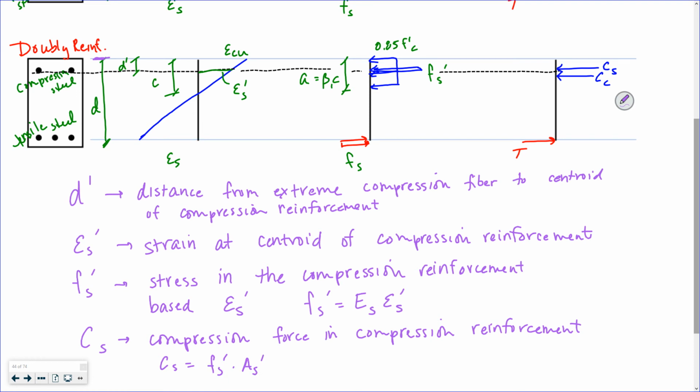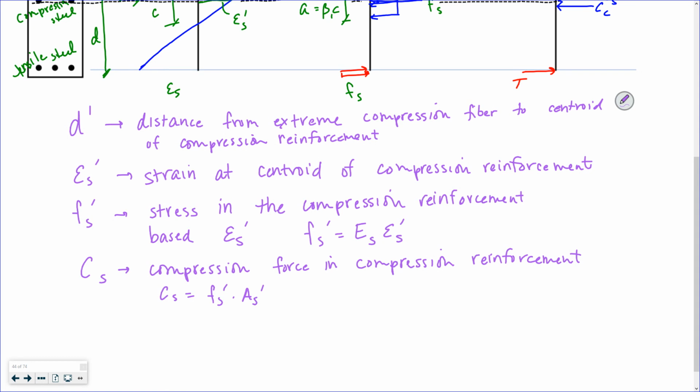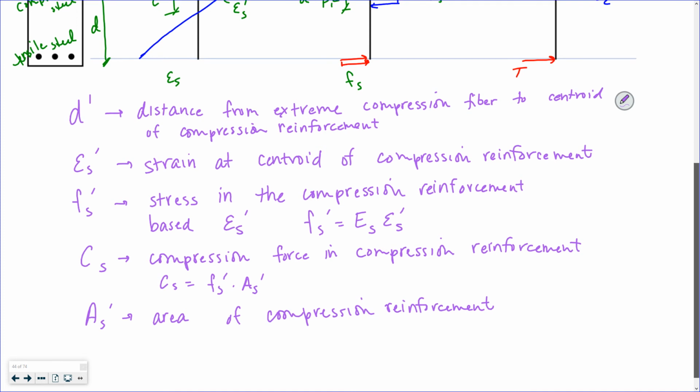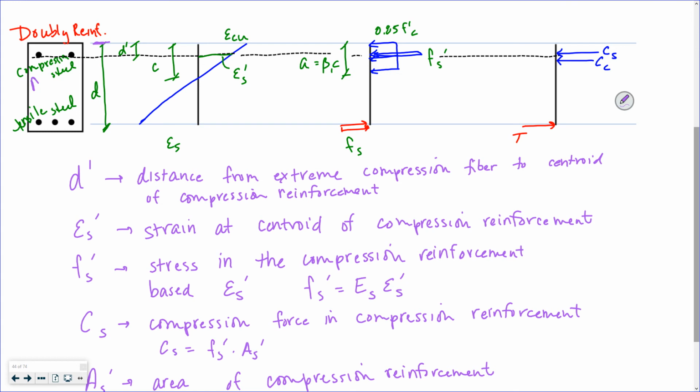I guess I didn't say what that was, right? As prime is the area of compression steel. This is As prime, this is As, the tension steel.